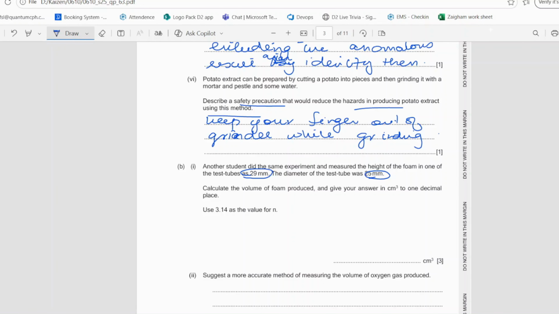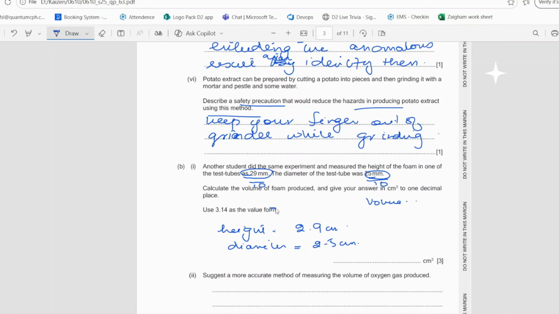We just divide, exactly. So height is 2.9 centimeter and diameter, or width, is 2.5 centimeter. So what would be the volume?